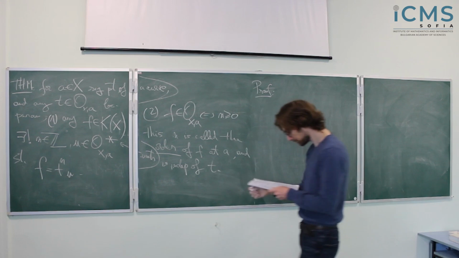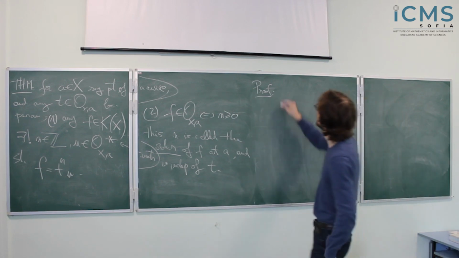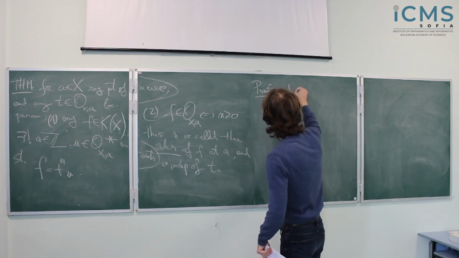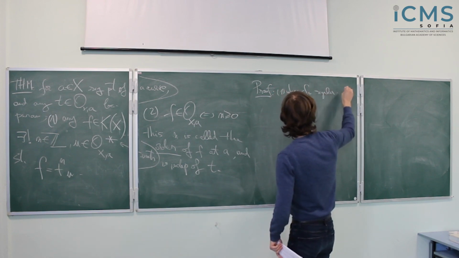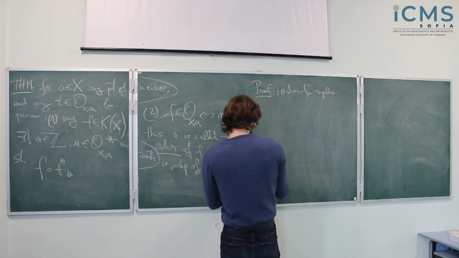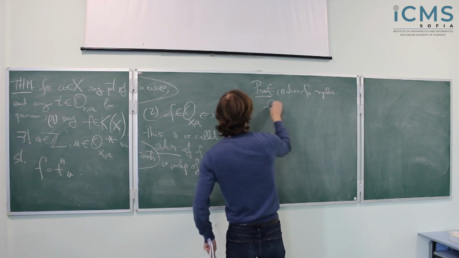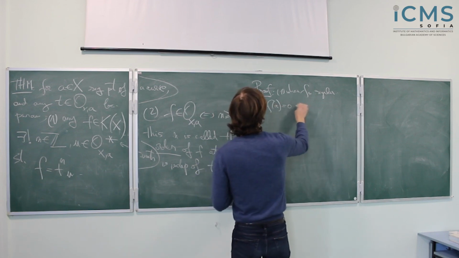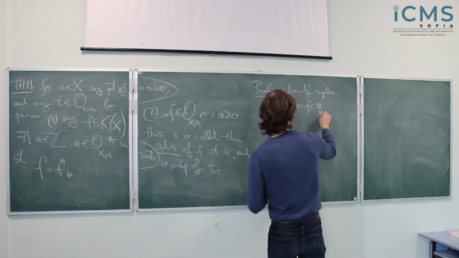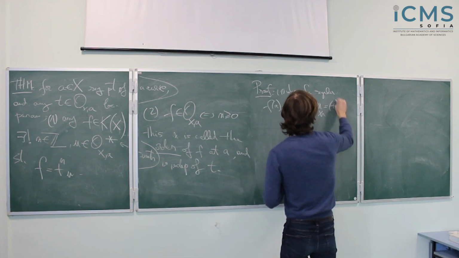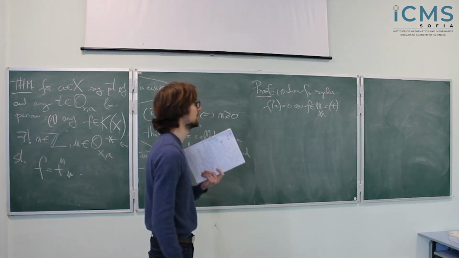Okay. So when f is regular, then I will have that f(A) is equal to 0 if and only if f is in the maximal ideal, which is generated by t.